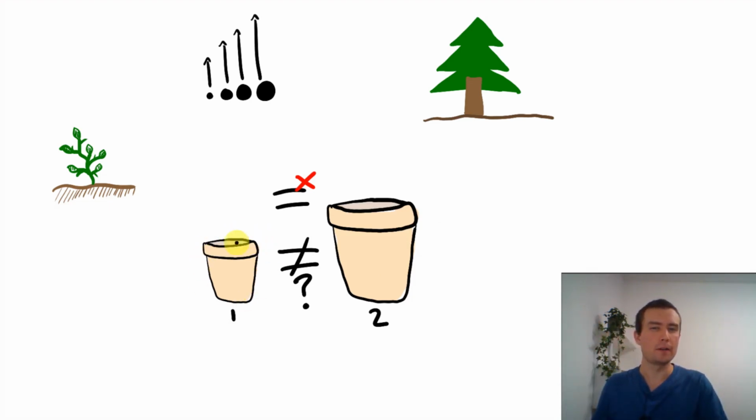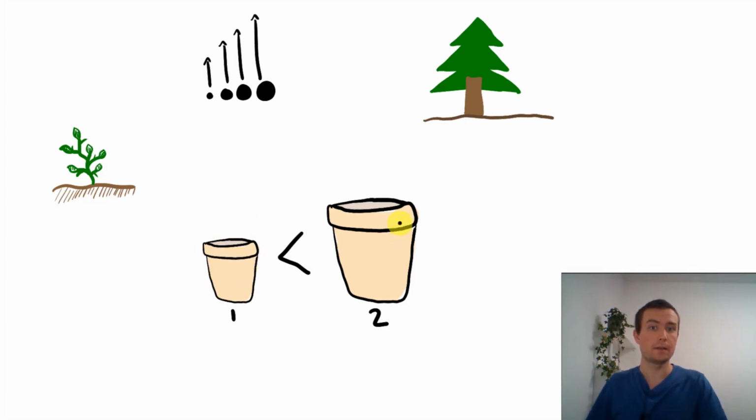Is this pot bigger than the other pot? No. This is the smaller pot. This pot is smaller than this pot. This pot is bigger than this pot.